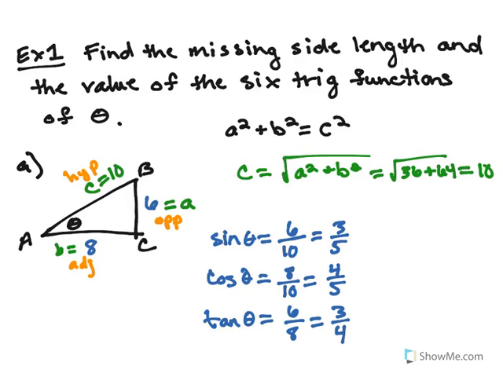Okay, so now I need the reciprocal functions that go with them. Which function goes with sine? Cosecant goes with sine. Which one goes with cosine? Secant. And cotangent goes with tangent.